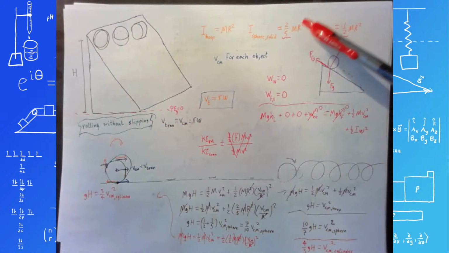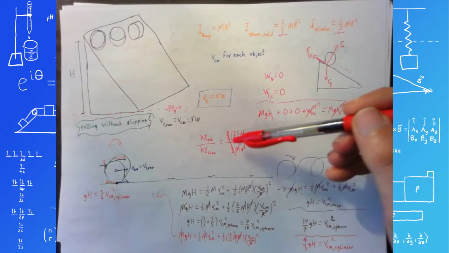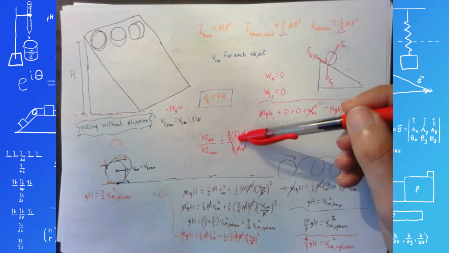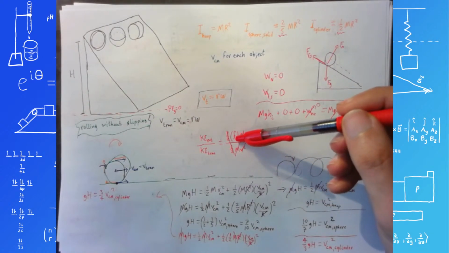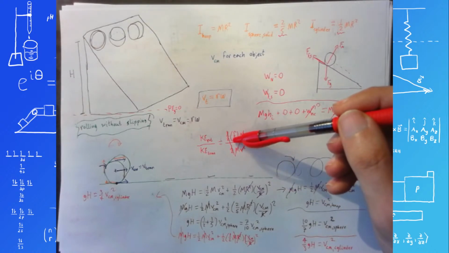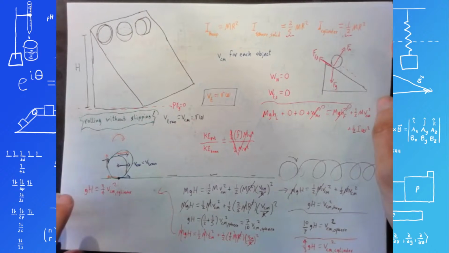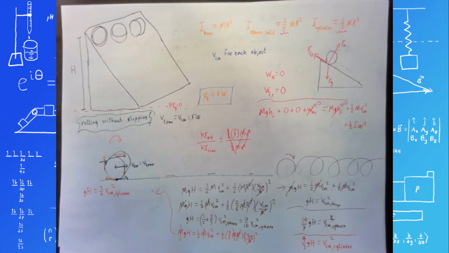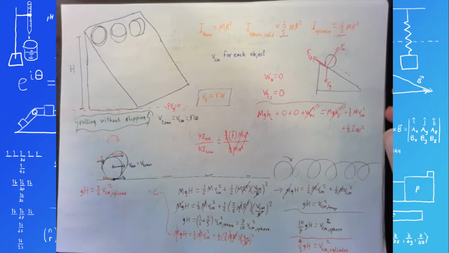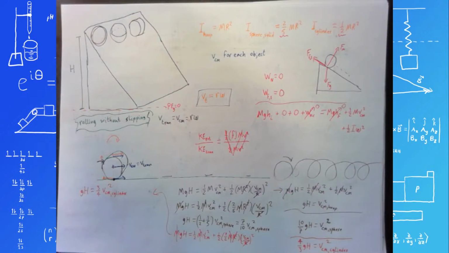So this, again, reinforces what I was just saying. The lower the moment of inertia, the lower the amount of rotational kinetic energy you need relative to translational. The solid sphere requires a rotational kinetic energy that is 2/5 of whatever translational kinetic energy it has.